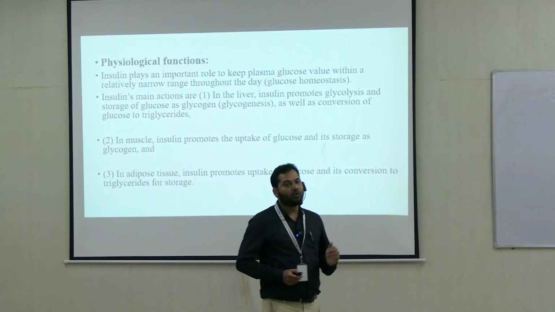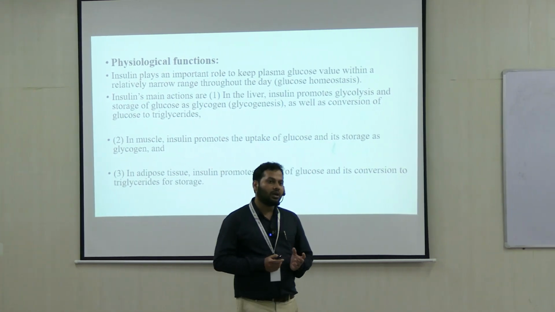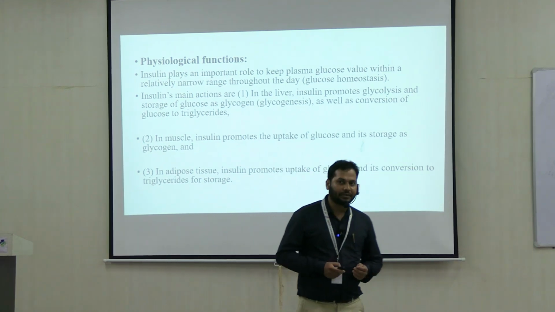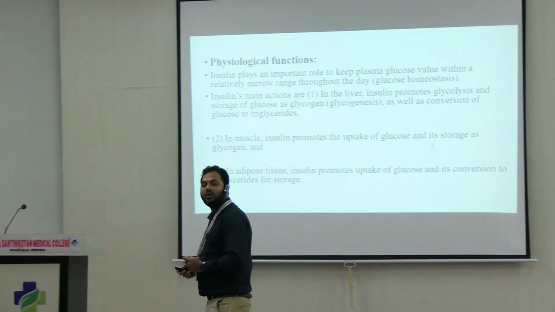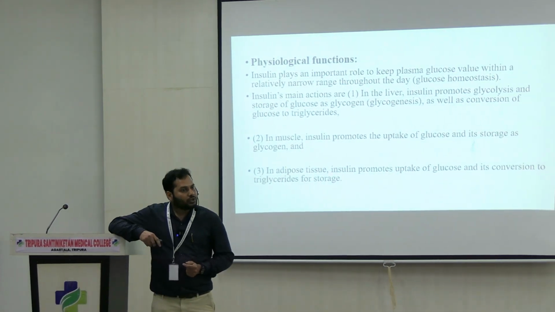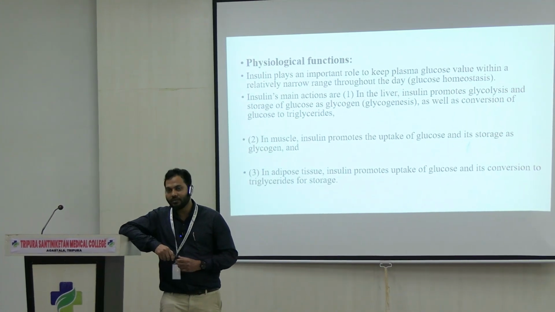And finally, I have discussed the most important functional features of insulin and their target sites. This is all about insulin and its role in the physiological cell. Thank you.